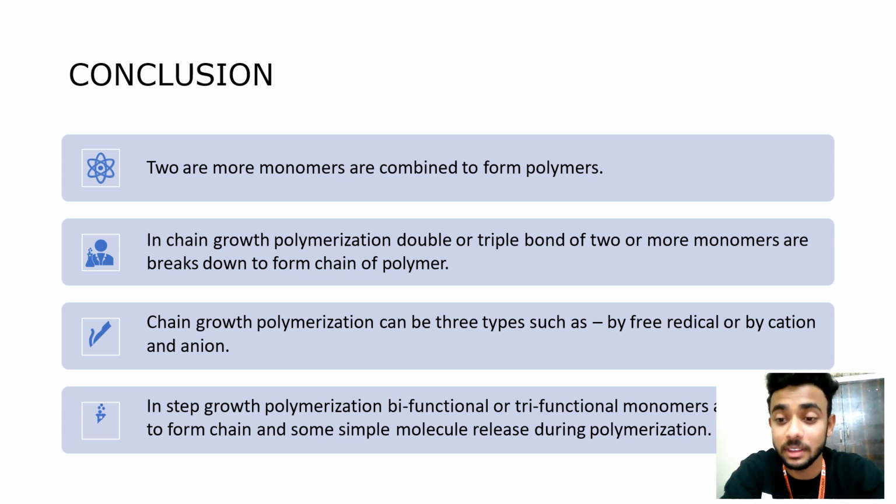Chain growth polymerization can be of three types: free radical polymerization, cationic polymerization, and anionic polymerization. In step growth polymerization, bifunctional or trifunctional monomers are combined to form a chain, and some simple molecules are released during polymerization.